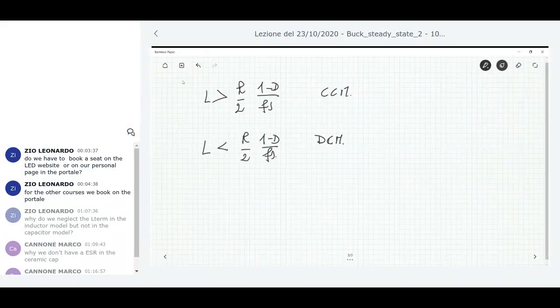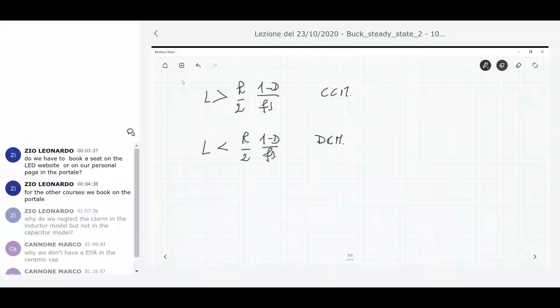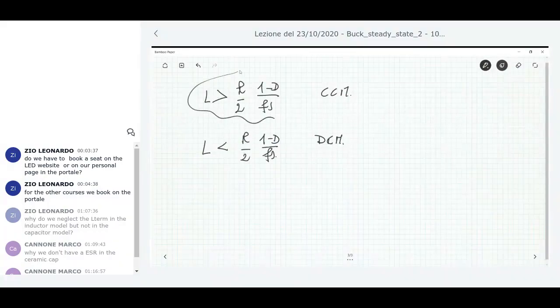This is very important to understand when you want to select the inductor for your converter. If you are required to operate in CCM, you have to choose an inductance higher than the value defined by this. If you want to operate in discontinuous conduction mode, then you have to choose an inductor which follows this kind of inequality.